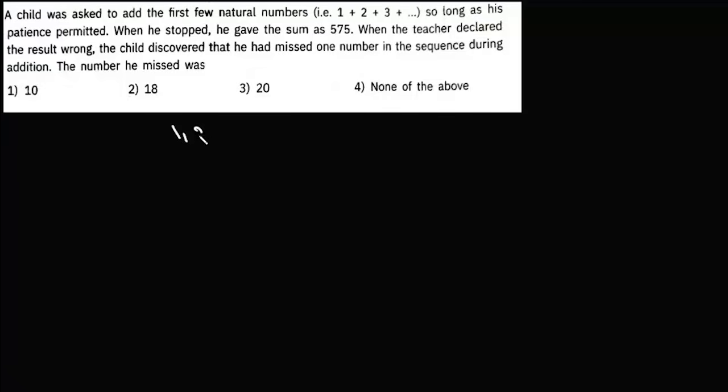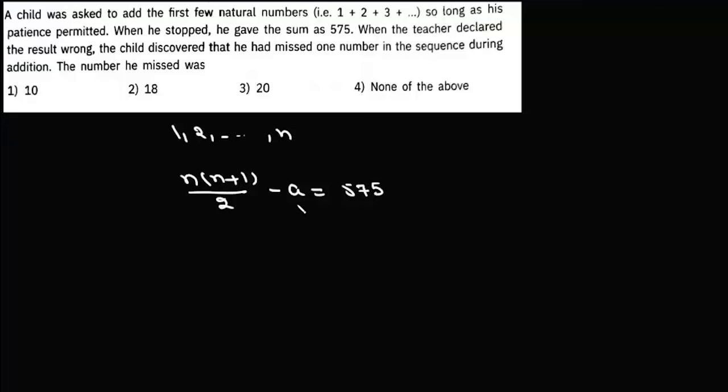Now if the child has added all the numbers from 1 to n, its sum would have been n into n plus 1 by 2, and suppose the number he has left out is A, and this sum is now 575.